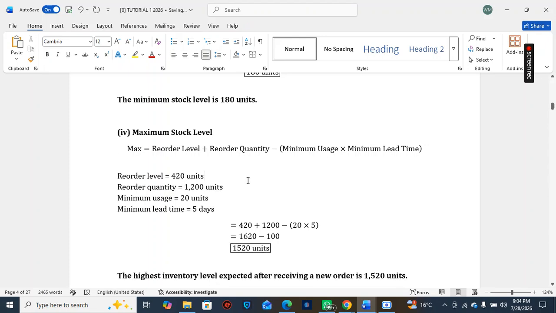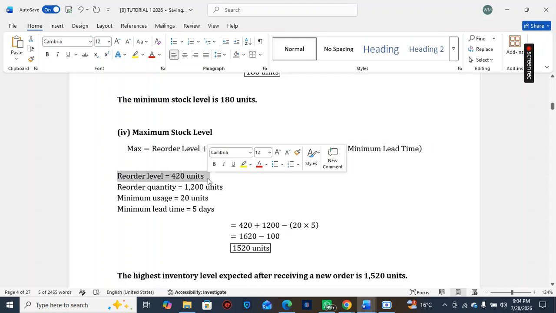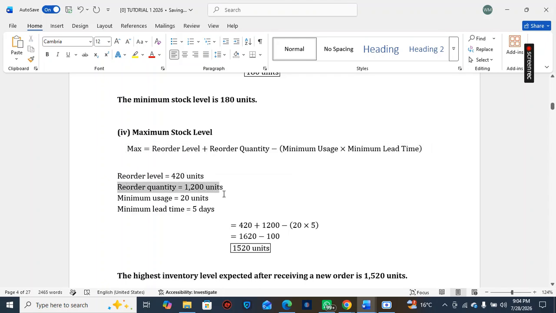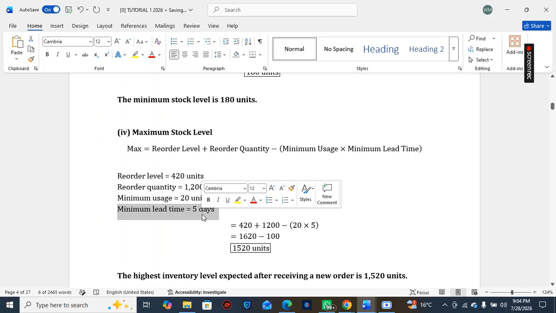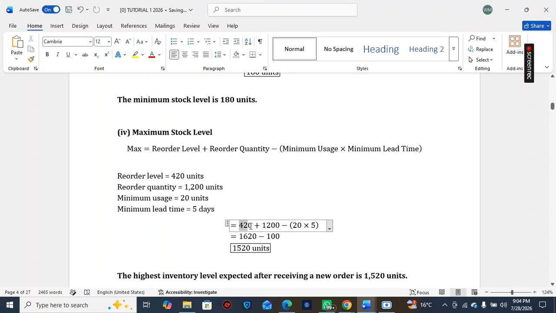Our reorder level is 420 units, reorder quantity 1,200, minimum usage 20 units, minimum lead time 5 days. It's just a matter of putting in the values: 420 plus 1,200 minus 20 times 5.